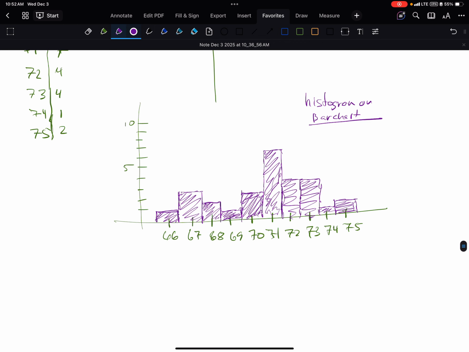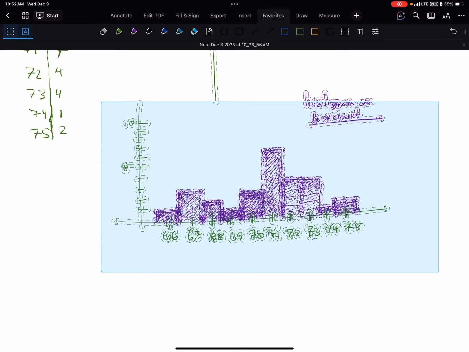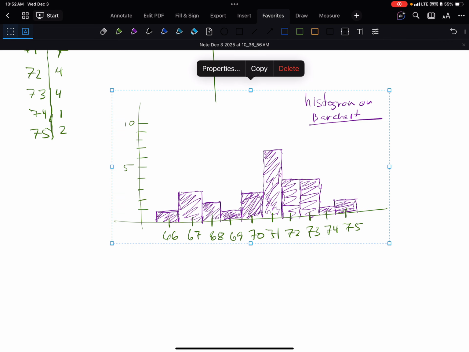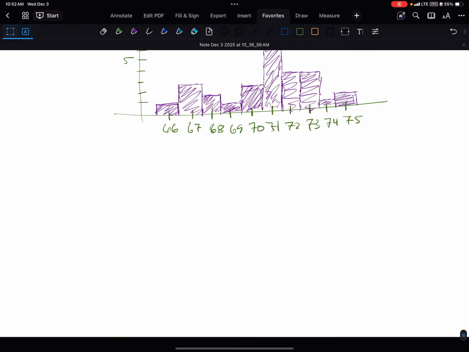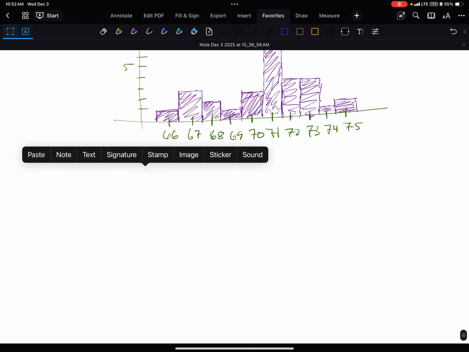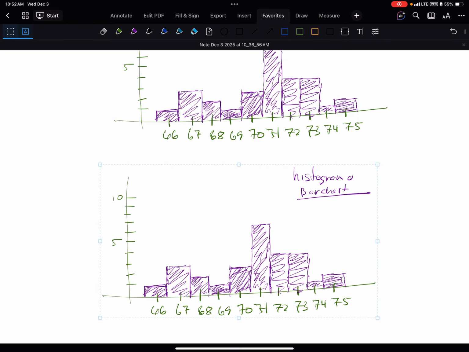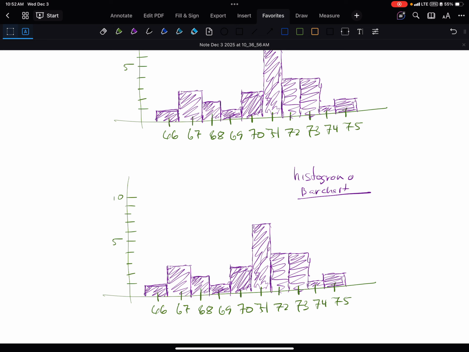Now, from that histogram or bar chart, there's another thing I can do to describe my data. I can make a frequency polygon.